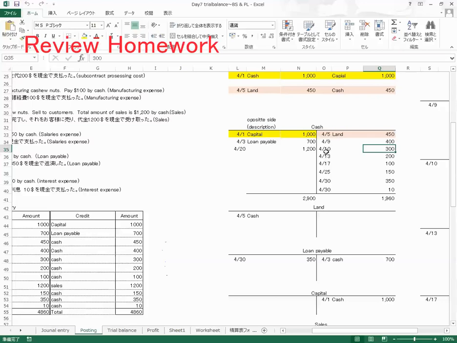You should make the program so that each account title goes to each T posting, and at the same time, the opposite side goes to another account title. Always move together. Move to cash and capital. Move to cash and land, like that.